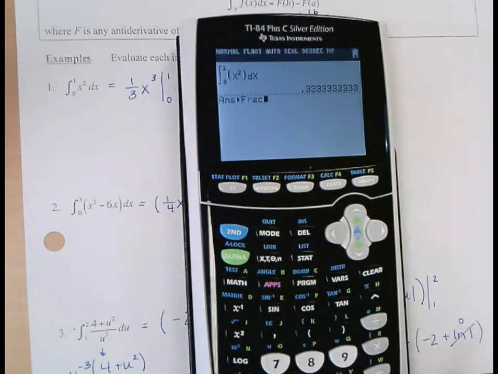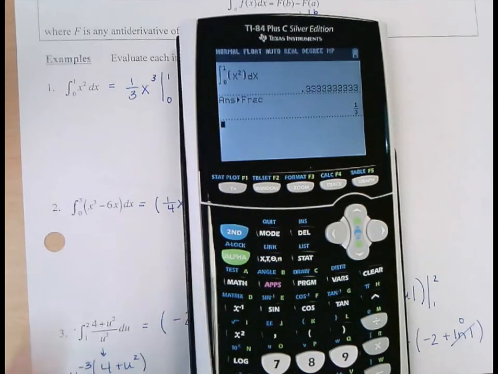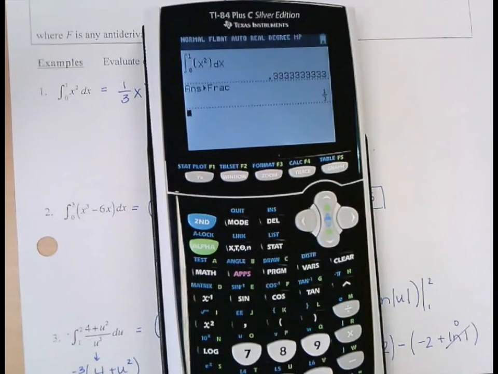You just hit enter for number 1, enter again, 1/3. So you can change decimals to fractions, or if it doesn't change to a fraction, it probably means it's irrational. You could test that out even with number 2. Just type it in, and make sure you can get negative 6.75.